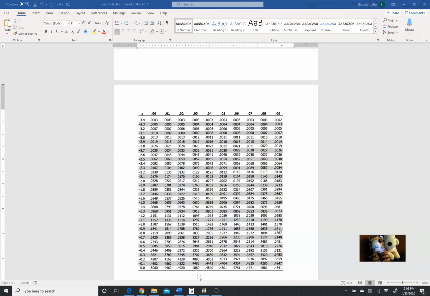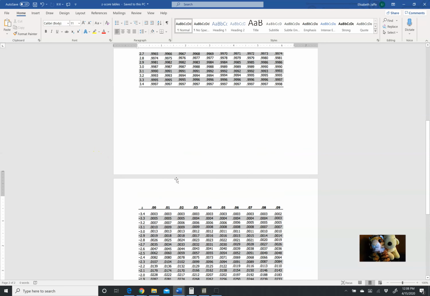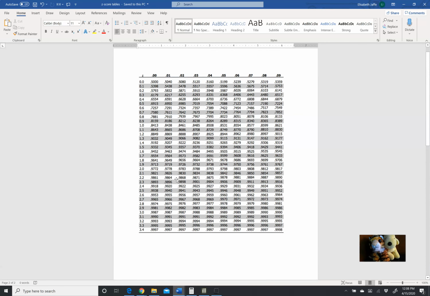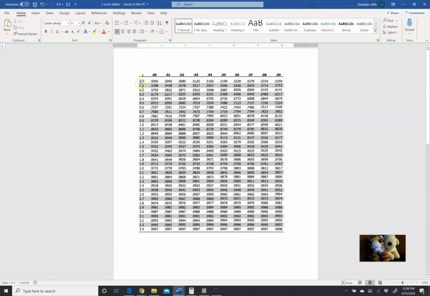So here's the thing. We've been looking at below the mean, right? There's a different one for above the mean because it's going to be greater. And you could see that if we're at the mean, if our z-score is 0, then the percentage is 50%. It's 0.5. But here we're looking for 0.58. So this is tenths, so we're going to go to 0.5, and then we're going to go all the way over.